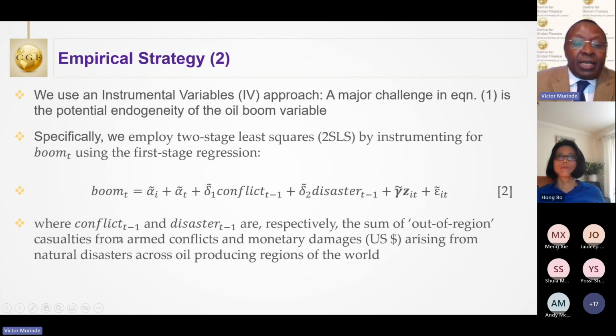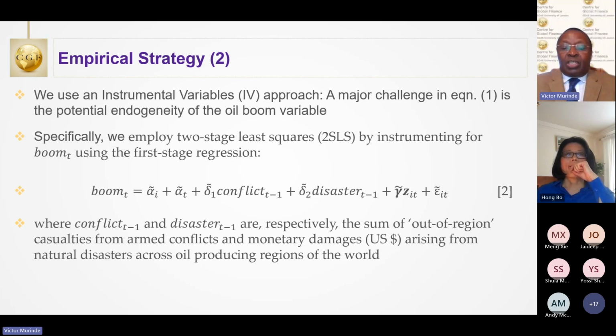One, conflict at time t minus 1, and the second, disaster at t minus 1. These represent the sum of out-of-region casualties from armed conflict, that's the conflict variable, and the monetary damages that arise from natural disasters across oil-producing regions, presented here as disasters. So basically what we're trying to do here is to map out and model the instruments that we can use in the instrumental variable approach.